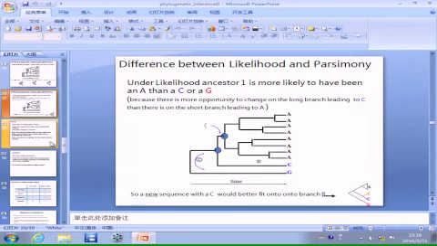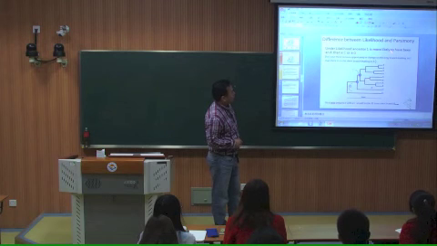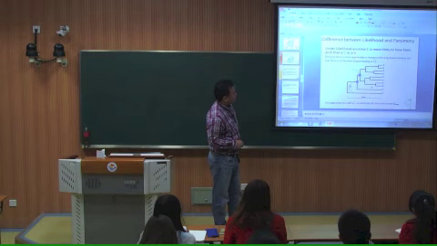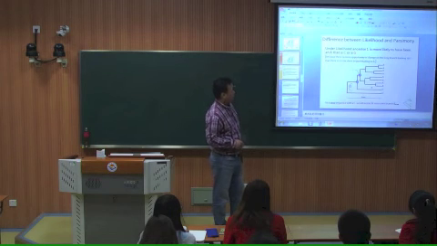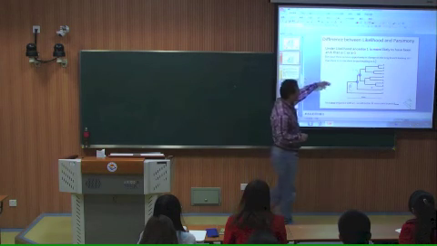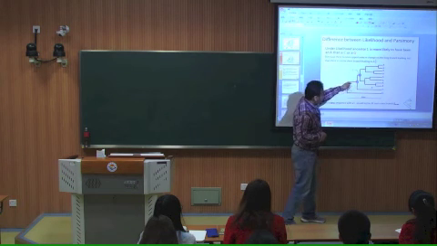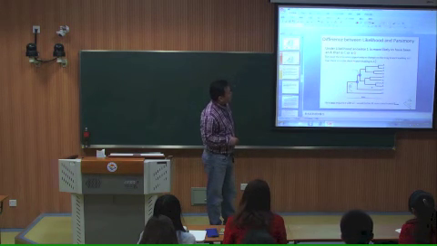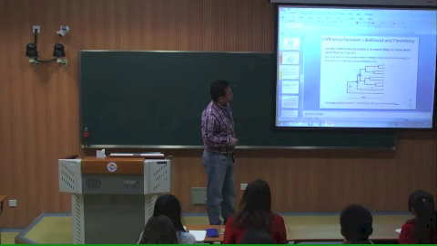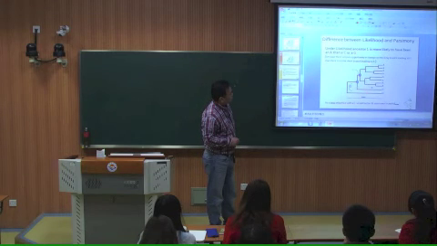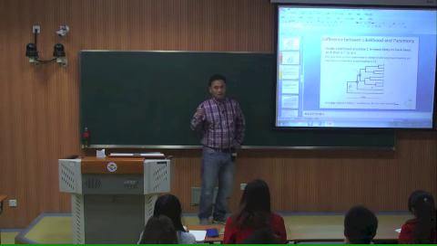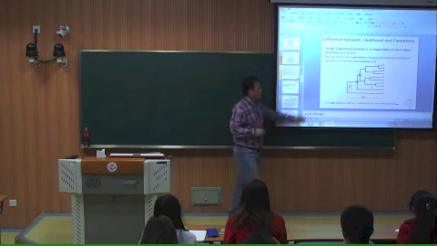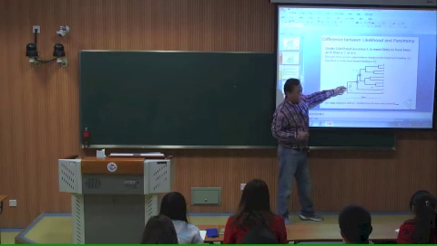But on the likelihood, the ancestor is more likely to have been an A than a C or G. Why? Under maximum likelihood, it is more possible to be an A than a C or G, because there is more opportunity to change on the long branch leading to C than on the short branch leading to A. So you guys see that difference? For parsimony, it'll be the same.